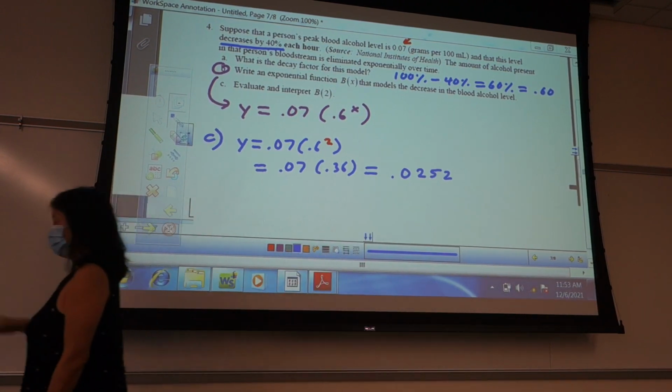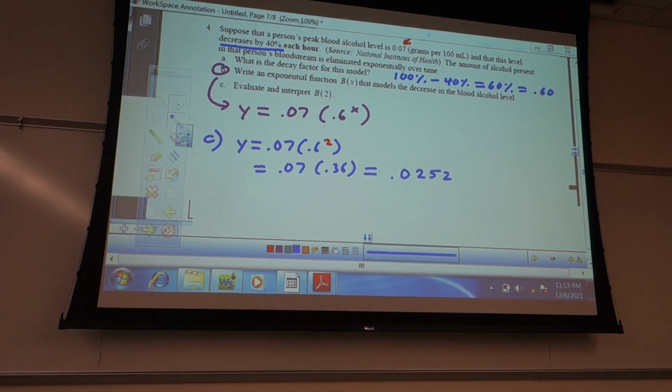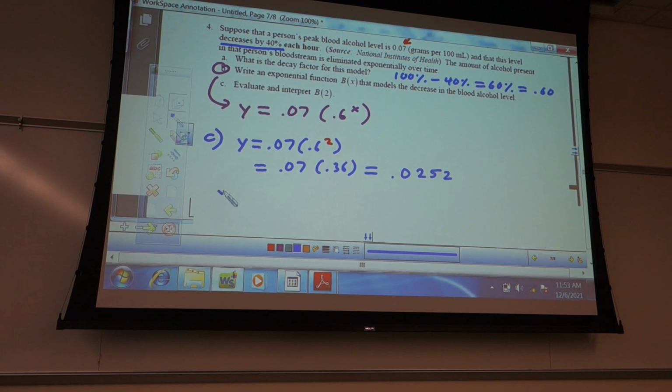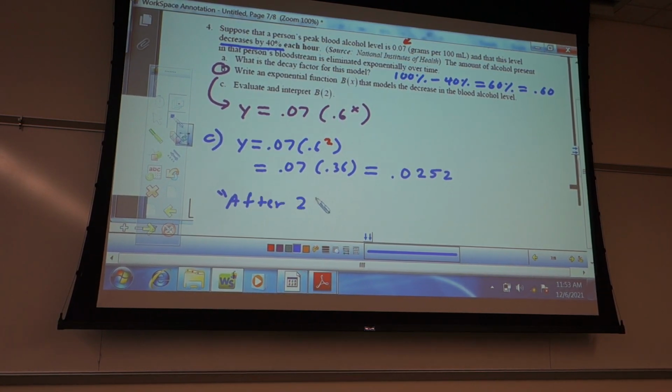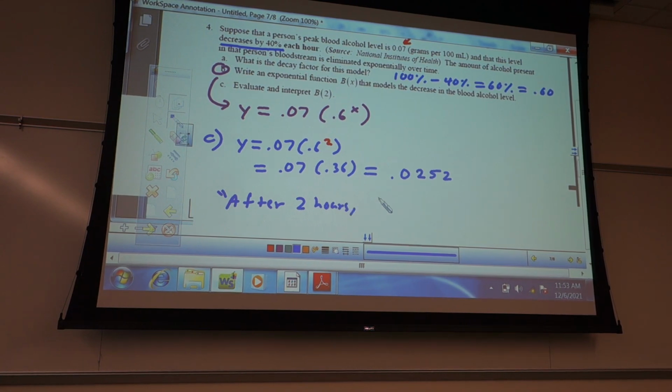Perfect. It's going to be important that you be able to interpret that. After 2 hours, the blood alcohol level is 0.0252.